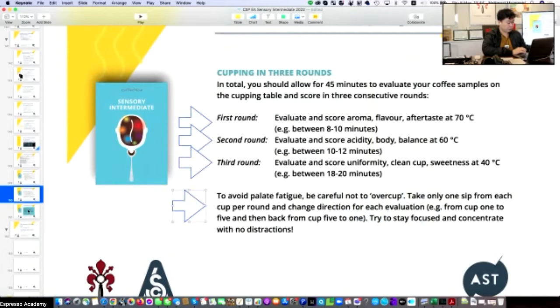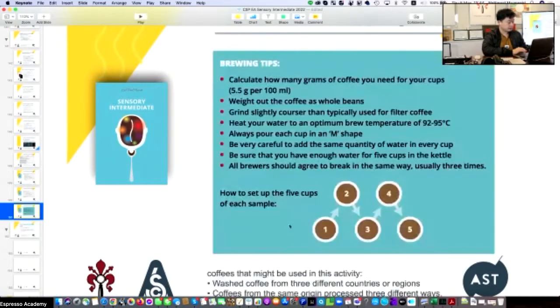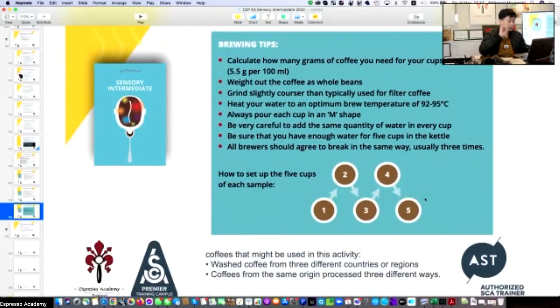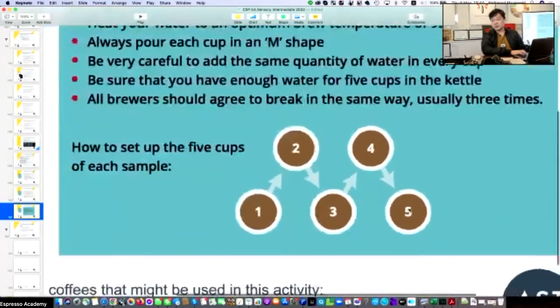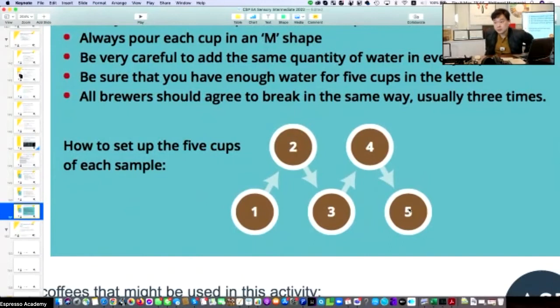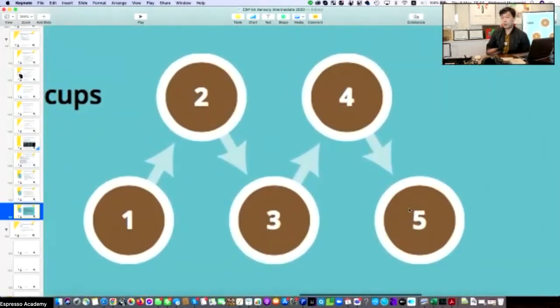Cup 1 to 5, 5 to 1. Okay, focus, concentrate, do not get distracted, and always pour. You see the number on the top here, 1, 2, 3, 4, 5. Very important. When you pour the water, you have to pour in this sequence, 1, 2, 3, 4, 5.